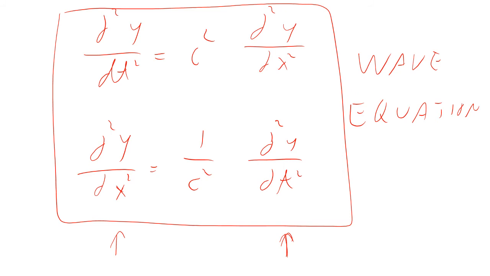And if the two second derivatives are proportional to each other, then that means it propagates at a certain speed. And that's how we discovered that light is electromagnetic radiation.